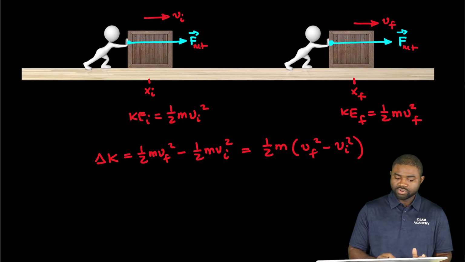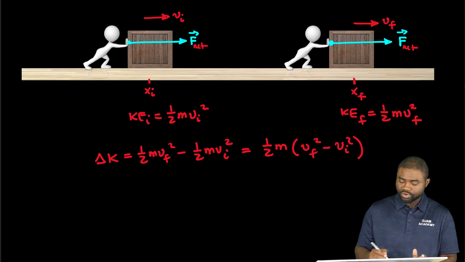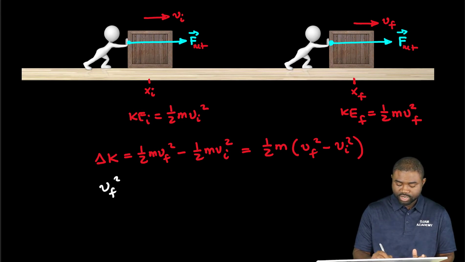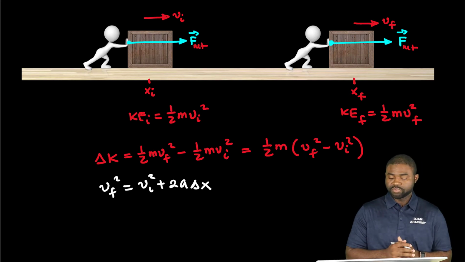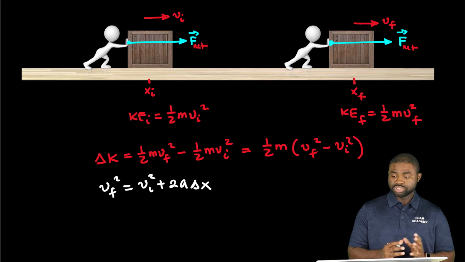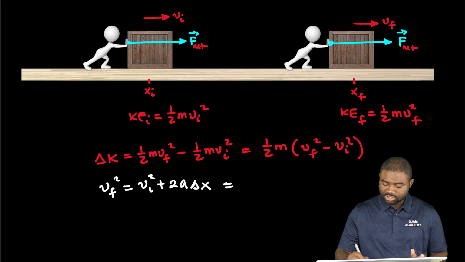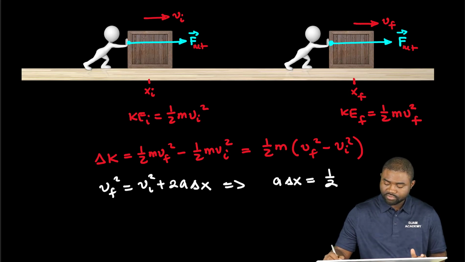But if you recall very well, vf squared is equal to vi squared plus 2a delta x, where delta x is the displacement of the particle from the initial position to the final position. This essentially implies that a delta x will be equal to 1/2 times the bracket vf squared minus vi squared.